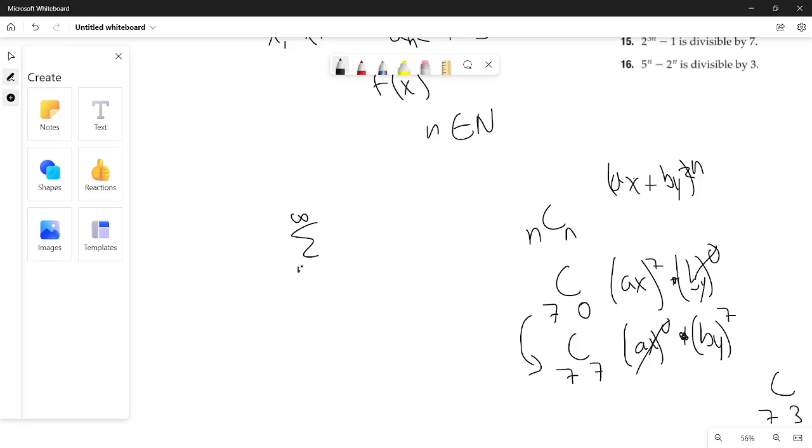So for e to the x, it's going to be essentially 1 plus x plus x squared over 2 factorial plus x cubed over 3 factorial, so on and so forth.